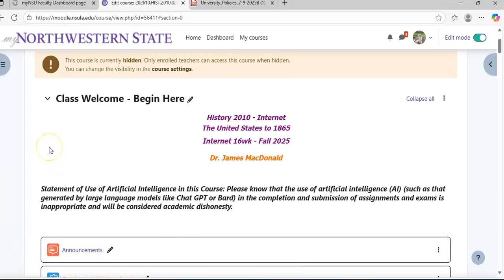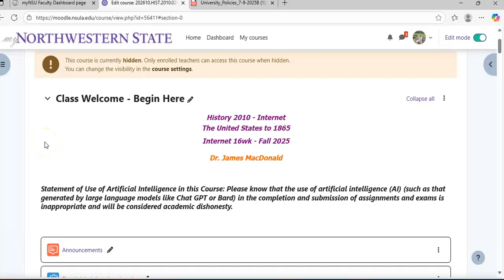So at the top here of the introduction, you see that there is a statement on AI. Not too long ago, we were worried about plagiarizing, where folks just copied and pasted stuff off internet sites, web pages. Now we've got the whole artificial intelligence.